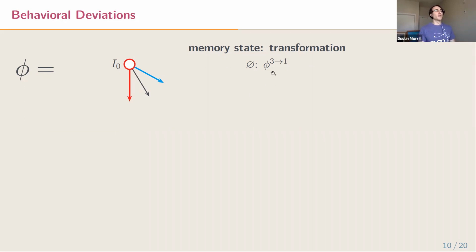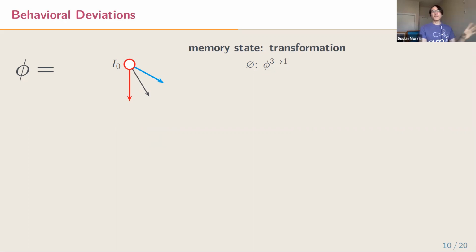So we could assign the internal transformation that takes action 3 and transforms it to action 1, otherwise leaving the behavior at this information set the same as it was from the input strategy. Okay, so that's one assignment that we can make to this information set.